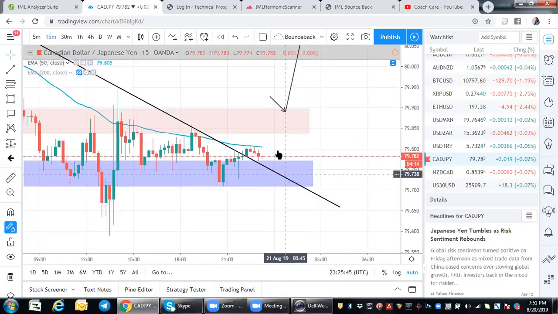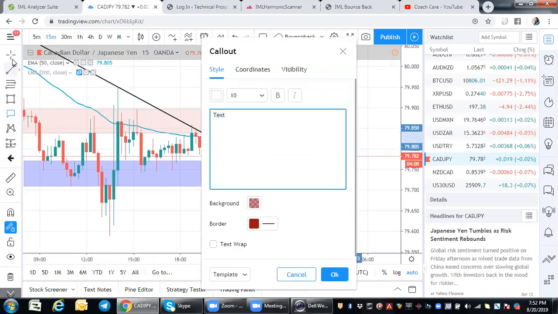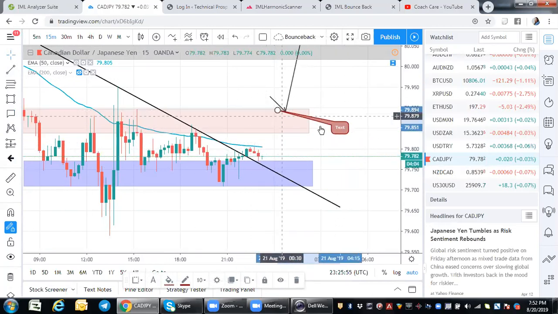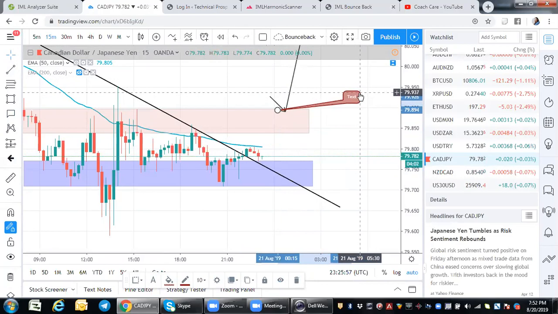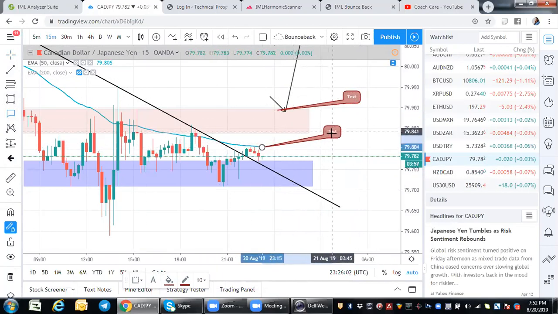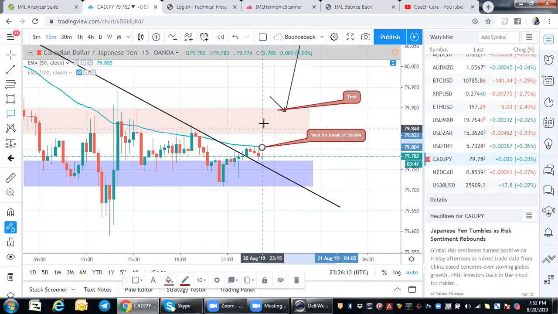So what we're going to wait for now, as I mentioned in the bounce back chart, is two things. And I'm going to put it here. For those who want to be in and out of the market, you can wait for the trade to break the 50 moving average line, and you could trade it up to this resistance.